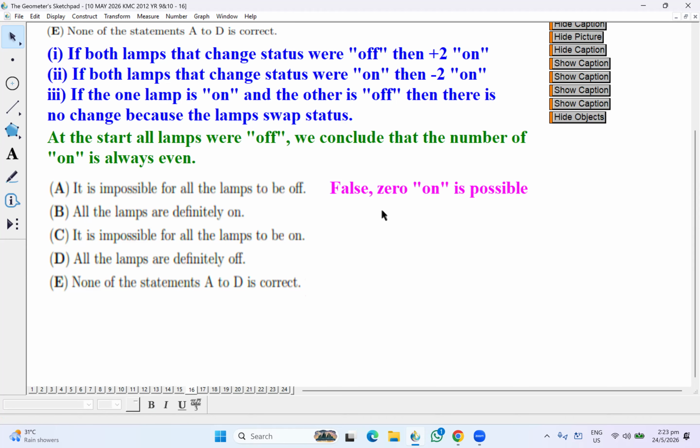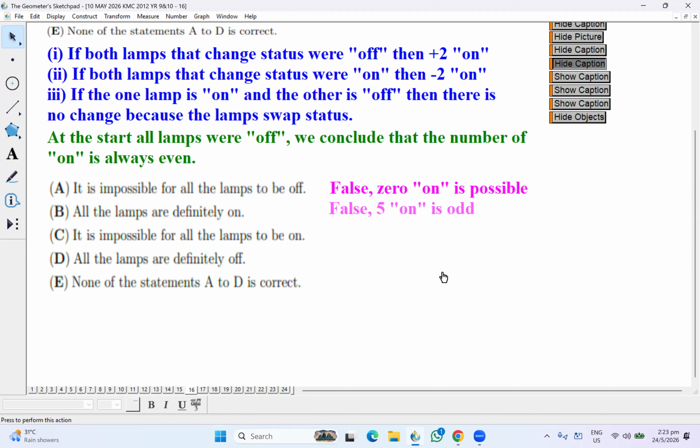False. 0 on is possible. So it's possible for all lamps to be off. No on means all off. So possible. At the start already all off. You switch a second time, maybe the 2 on become off again. Possible. So you say impossible, so false.